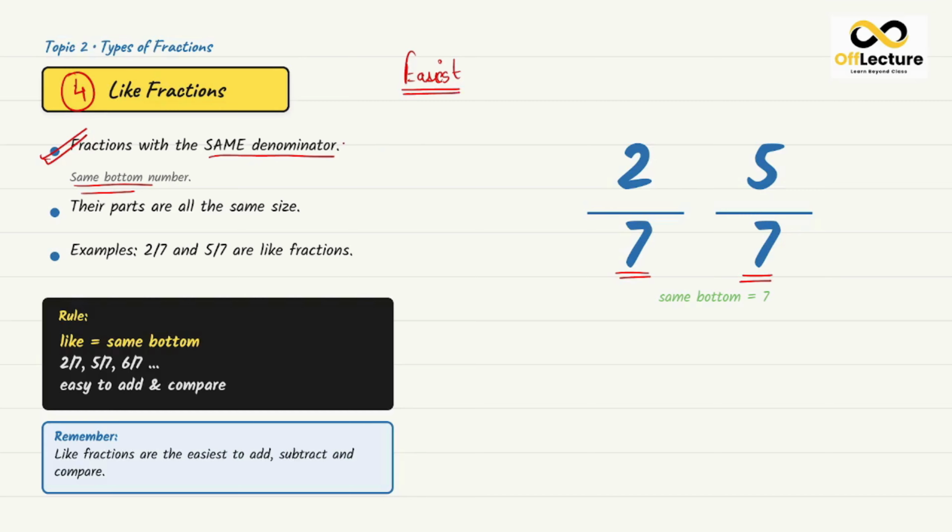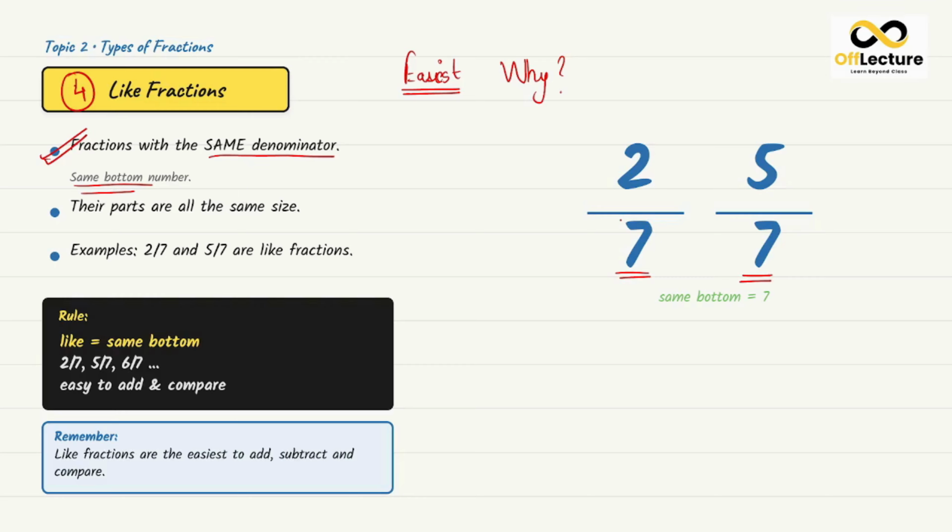Why is it easiest? You will ask why it is easiest to compare these kinds of fractions. Because both have pieces of exactly the same size, so you can just count pieces, add the tops or compare them with no worry about the size. What it means is that both have pieces of exactly the same size.